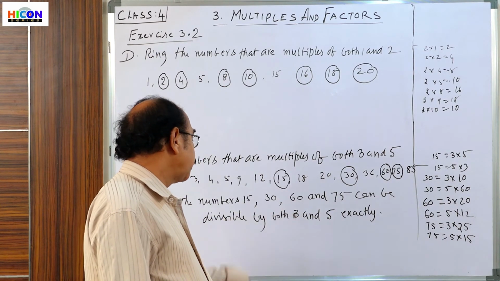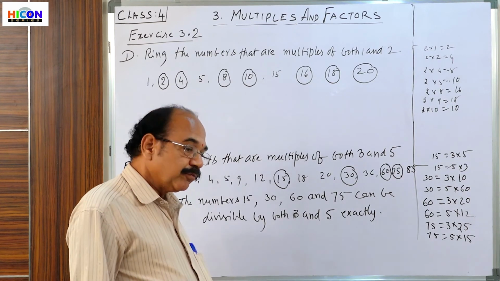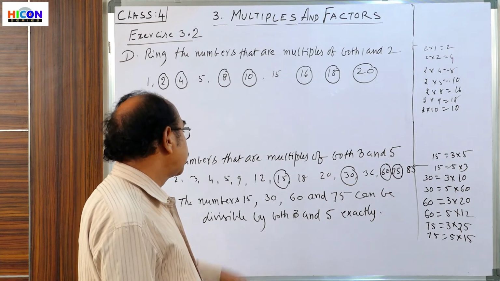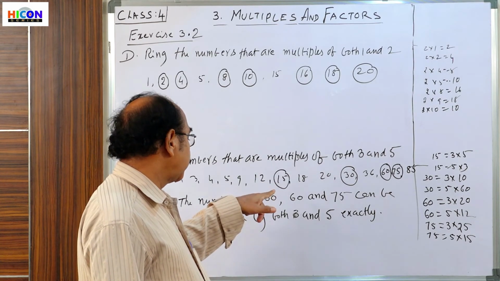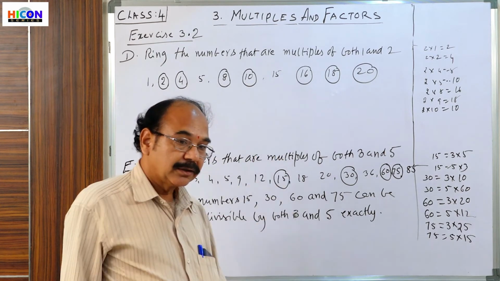These numbers are divisible by both 3 and 5 exactly. Exactly means we are leaving the remainder 0. That's why these 4 numbers we keep in the ring.